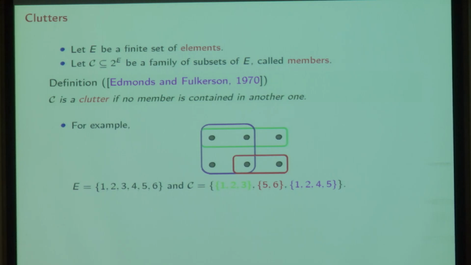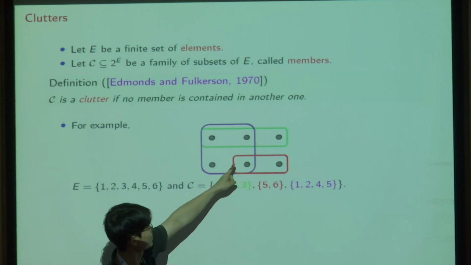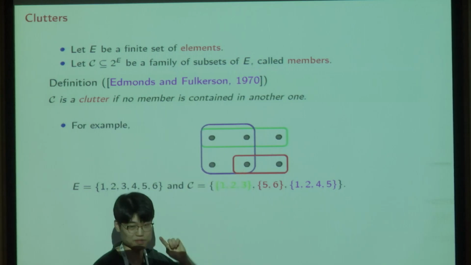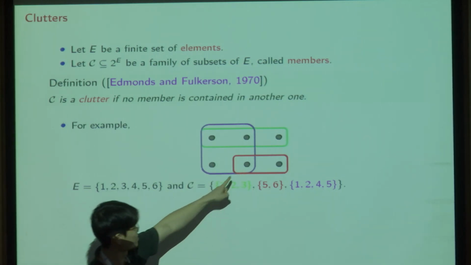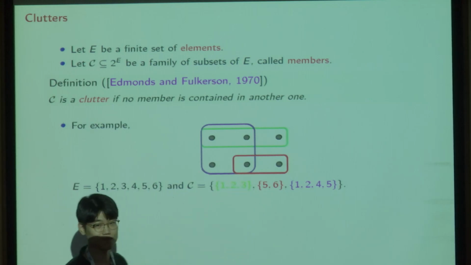If you look at this example, I have a 6-element set E, and I'm taking 3 subsets. If you pick these 2 middle black vertices, they will intersect all of the purple, green, and red ones. So these 2 vertices become a cover, or a hitting set.